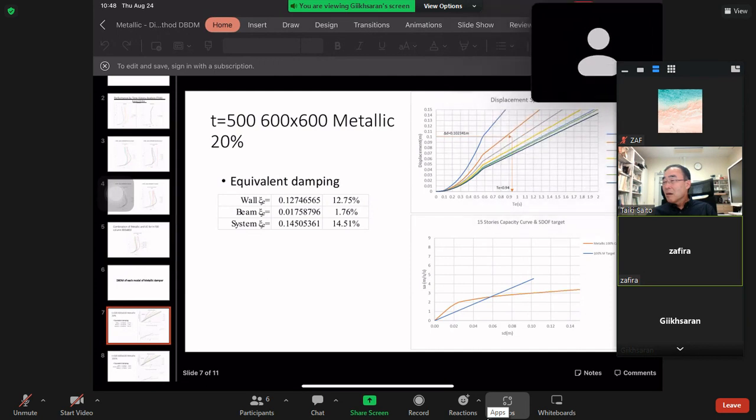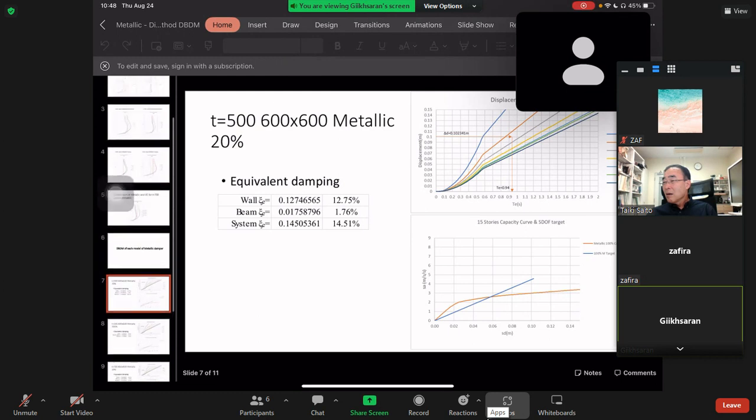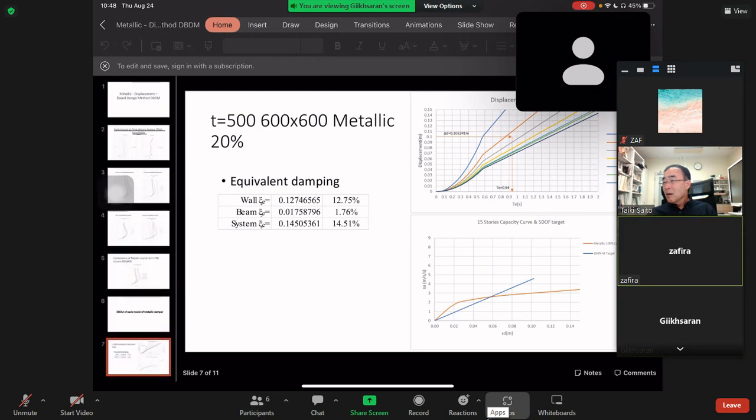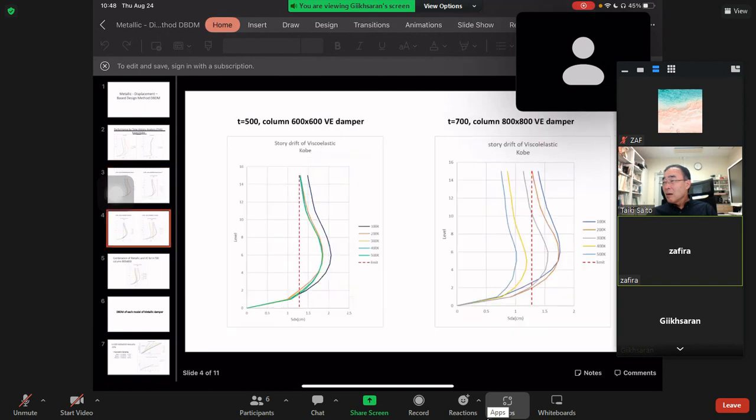So the wall damping is like 12%, and this is for metallic. Do you have it for viscoelastic? I don't have it, it's just the metallic. But we were discussing viscoelastic, not metallic.